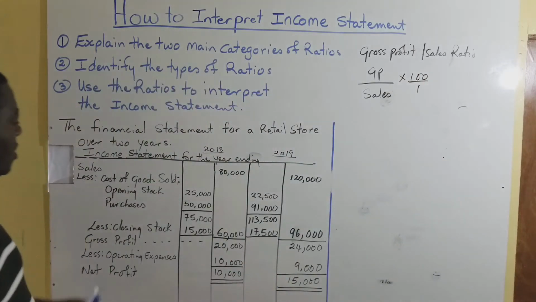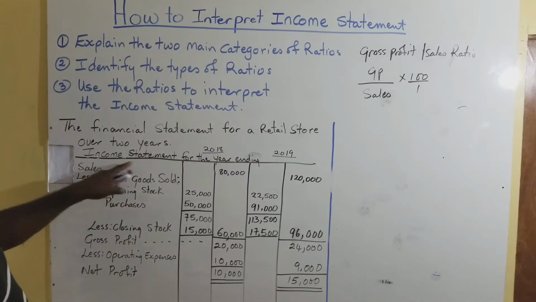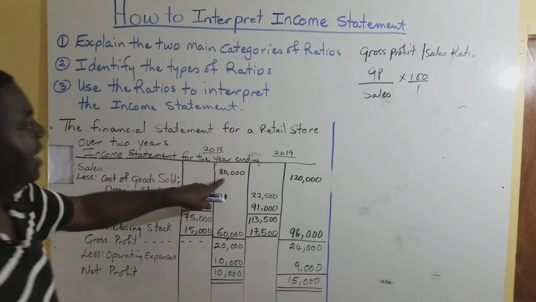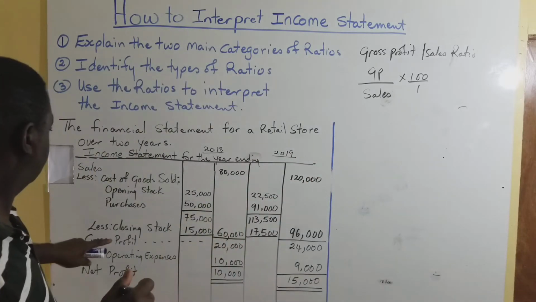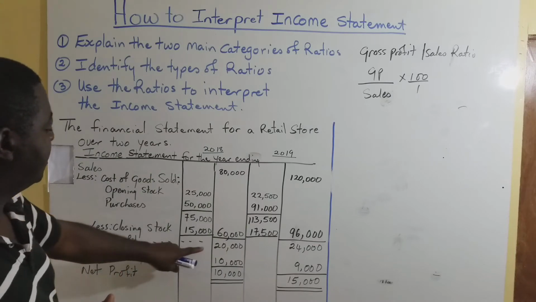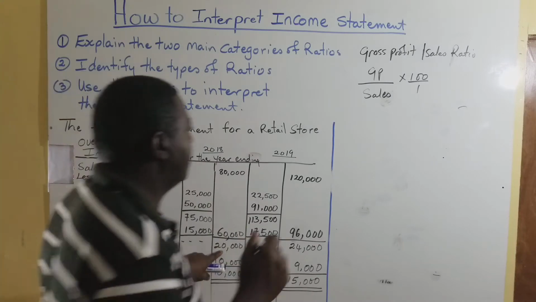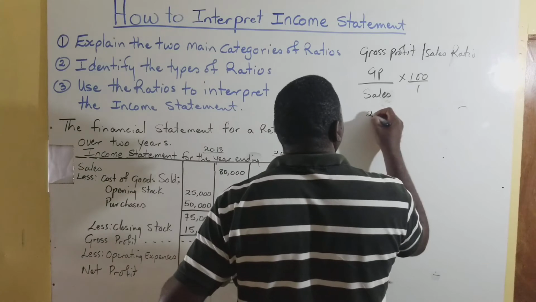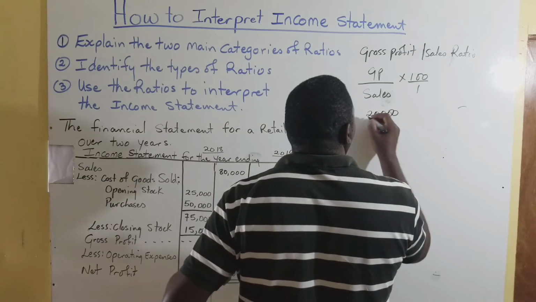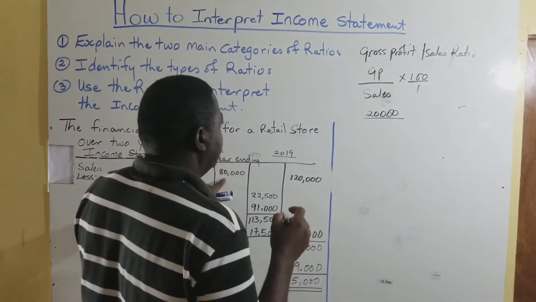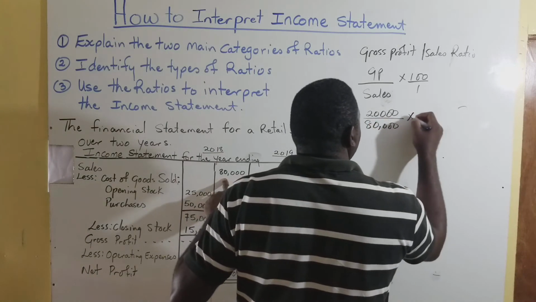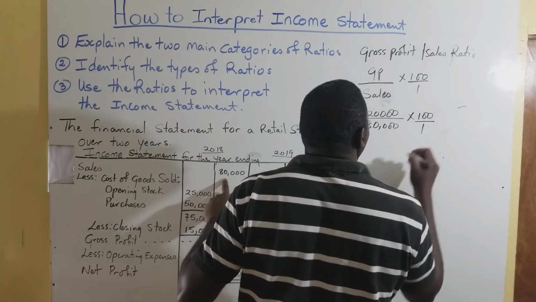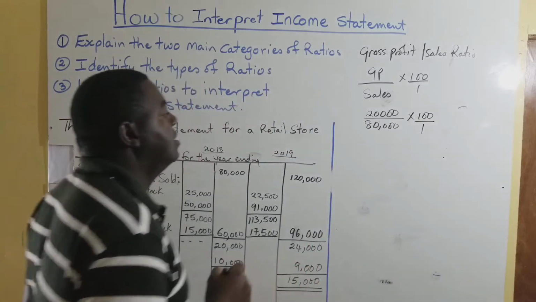Now, the sales figure for 2018 is 80,000, and the gross profit for 2018 is 20,000. So we can put in the $20,000 over the sales, which is 80,000, times 100 over 1.